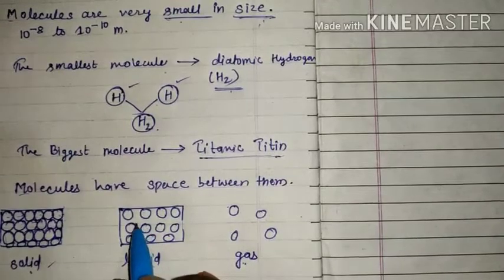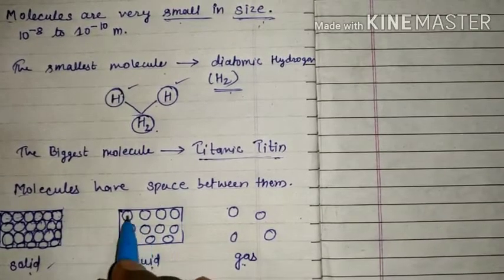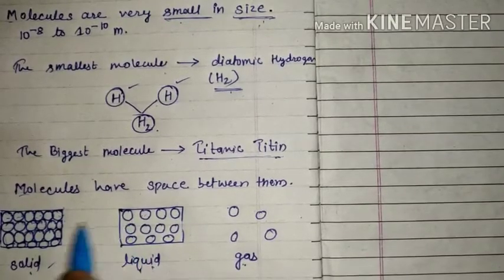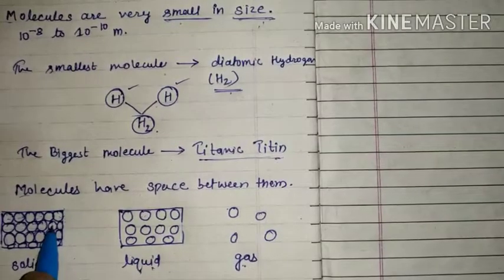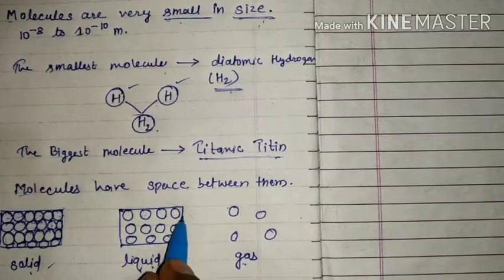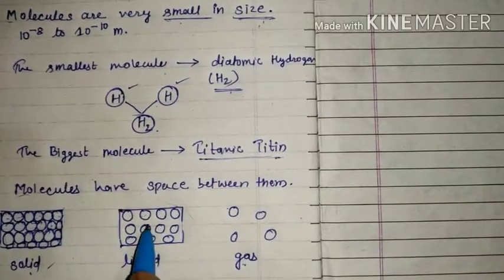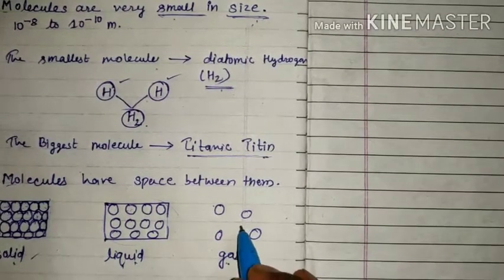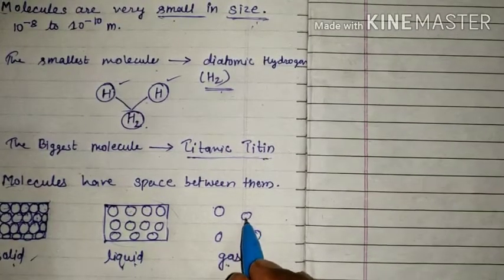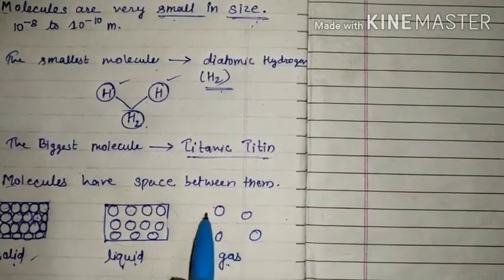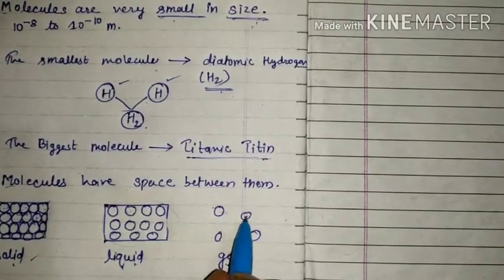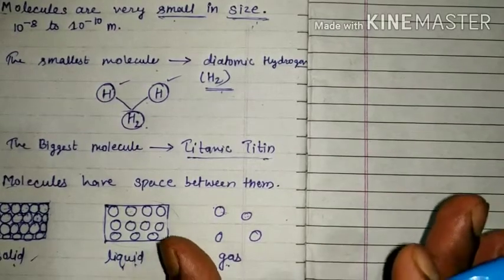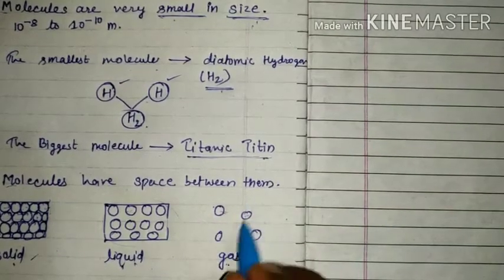The space between these molecules is greater than in this one, so this type of material is liquid. And this type of material in which the space between two molecules is very large, these are gas.